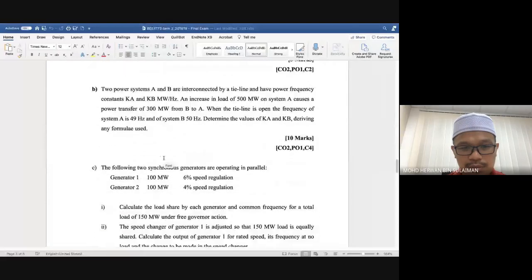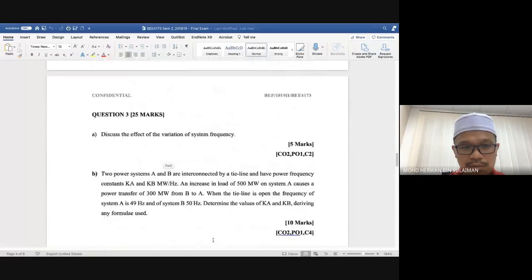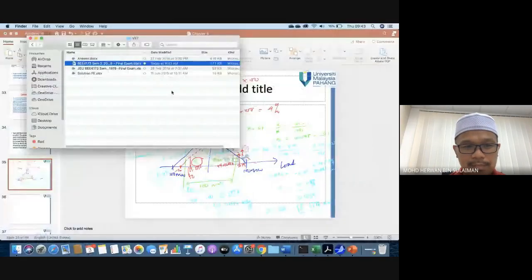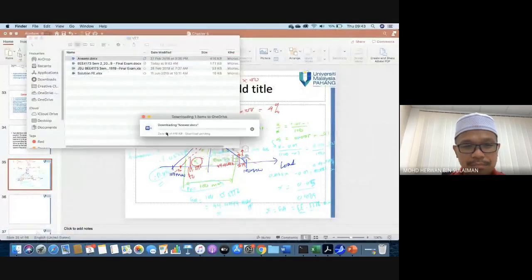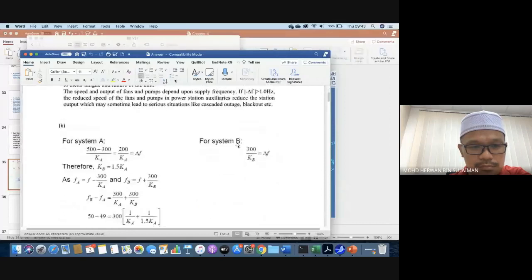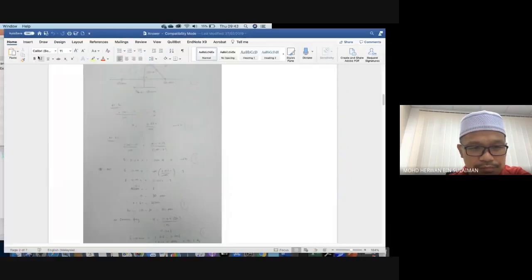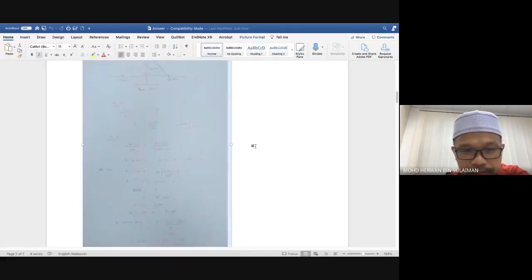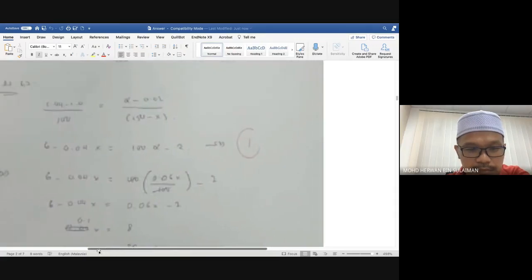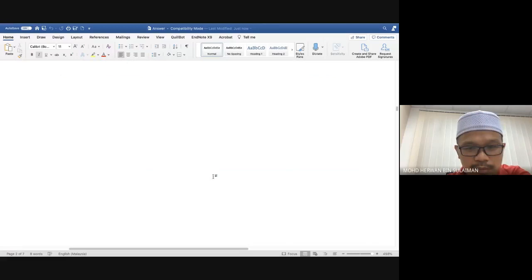Soalan di okay, sama. So soalan 3C. Dah jawapan. Oh tu gambar. Yap. Dia dapat F common.